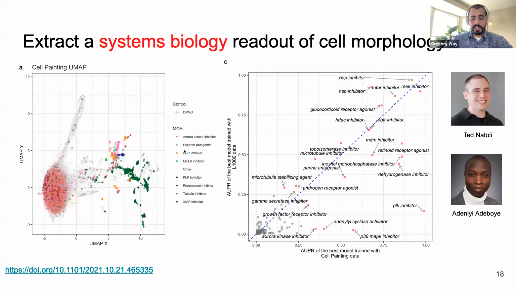And the Drug Repurposing Hub is a collection of clinically relevant chemical compounds, which are either FDA approved already or in some level of the clinical pipeline. And many of them have pretty reliable mechanisms of action annotations. And so what we did was we trained the same machine learning models, the same architectures, using the L1000 data and the cell painting data.